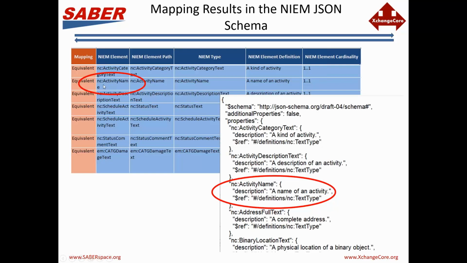Process again. The NIEM element is the NC activity name. And in this NIEM schema format, which now has all these funny little lines and brackets that the computer will read, we see activity name. It carries along with it the definition that is called the description here, name of the activity.